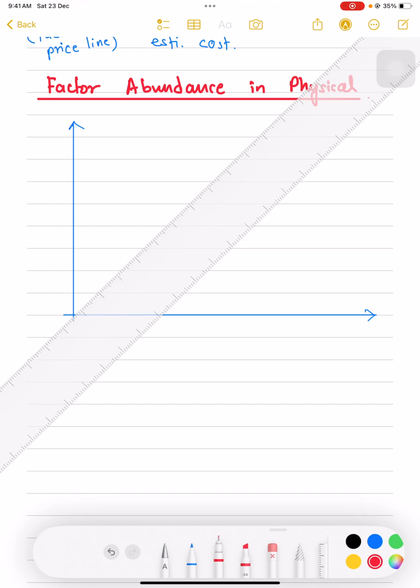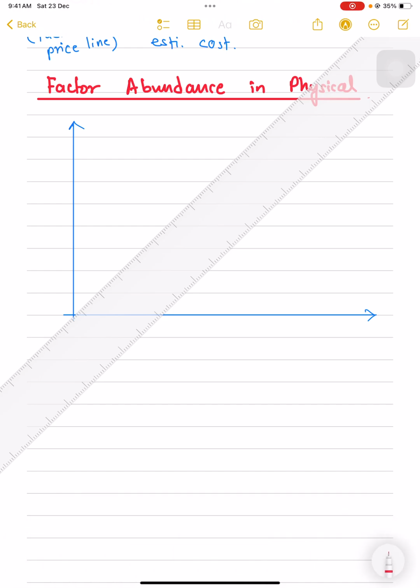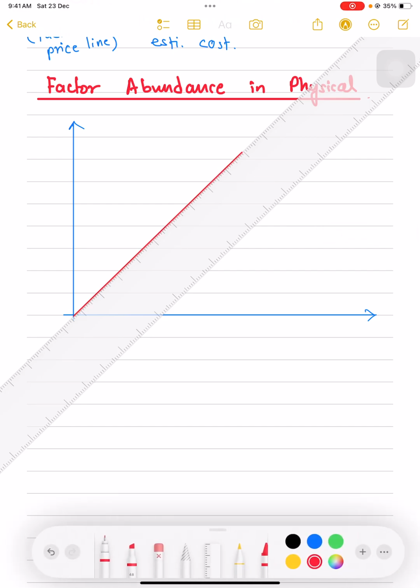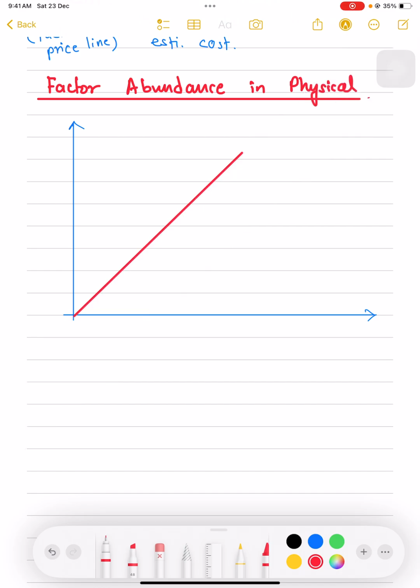In this diagram we will understand what we mean by capital abundant, if the country is endowed with a higher proportion of capital than other country.